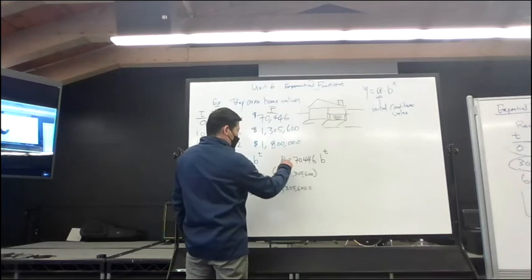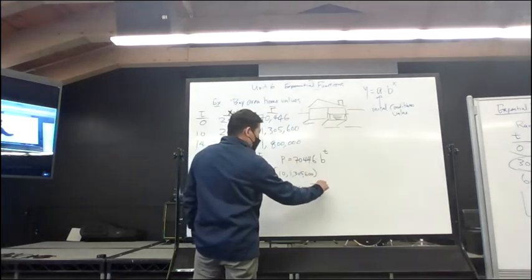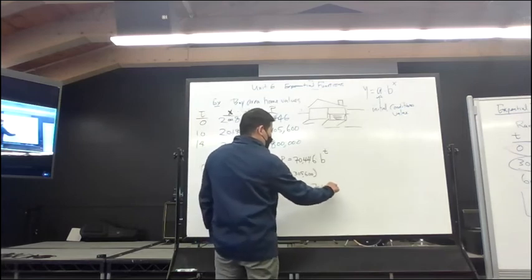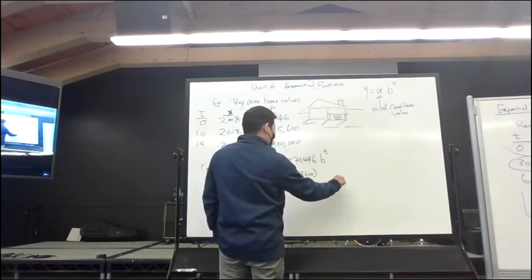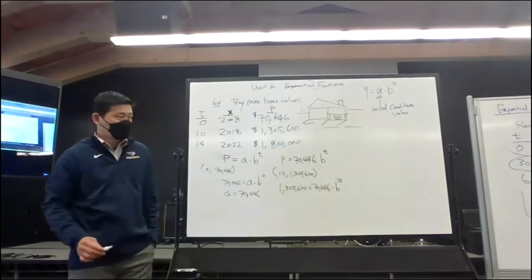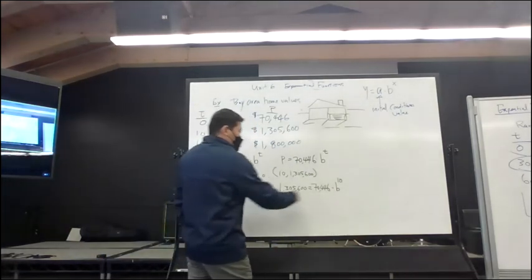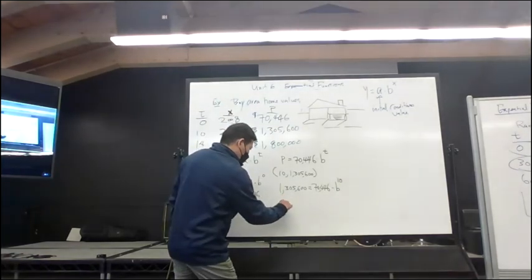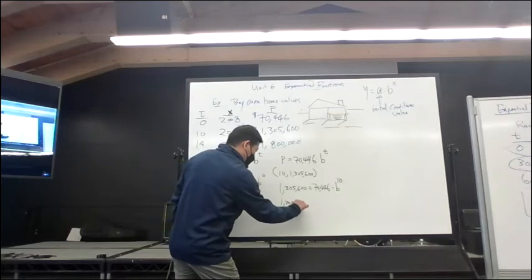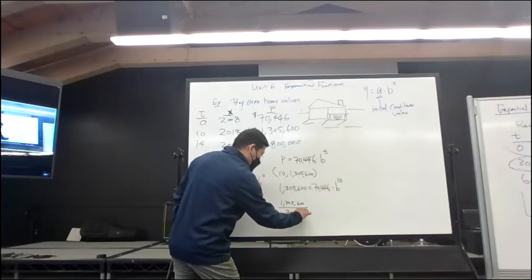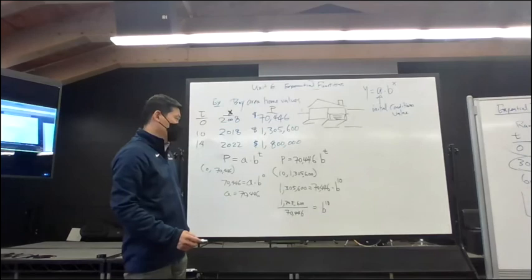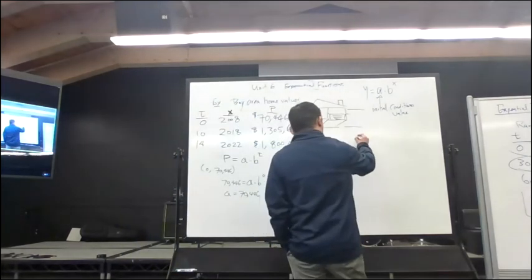So we have 1,305,600 is equal to 70,446 times b to the 10th power. Then divide both sides by 70,446. You get 1,305,600 over 70,446 is equal to b to the 10th power.